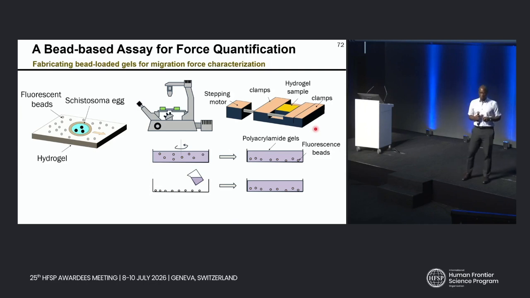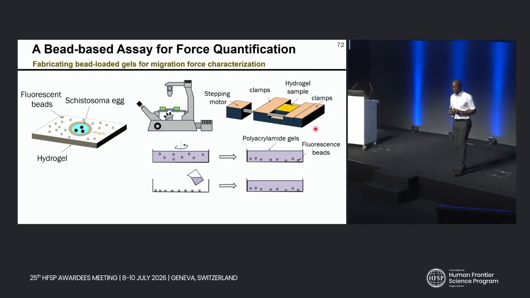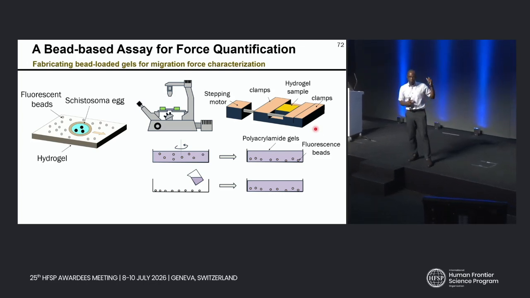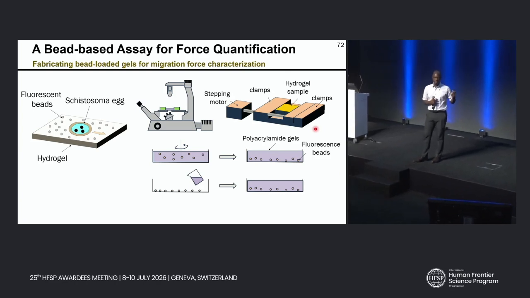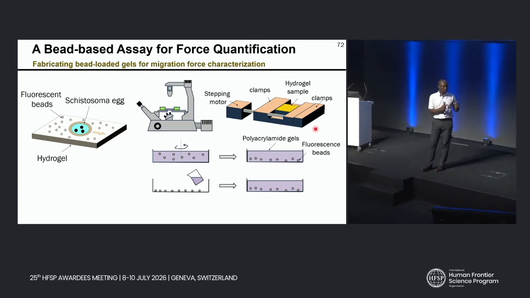For this, we also used the same device, and we could deform the gel. You can see how we fabricated the gel. We just embed the beads in polyacrylamide gel, and then we could deform the gel using the device under a microscope, and we could quantify the forces that are developed when movement occurs within the gel itself.